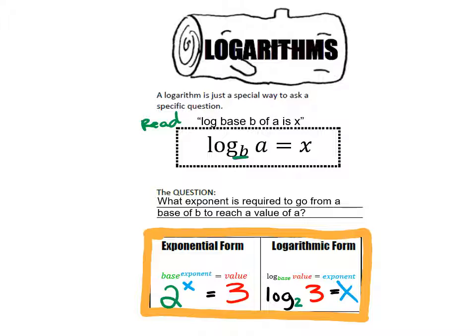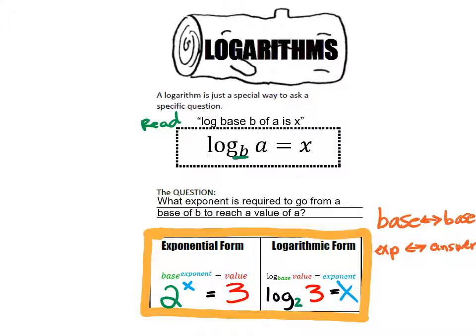One of the ways that I always remember this conversion, whether you're going from exponential to log or log to exponential, is I use this phrasing. I always say base to base. We always go back and forth between the base under the exponent and the base of the log. The exponent converts with the answer.